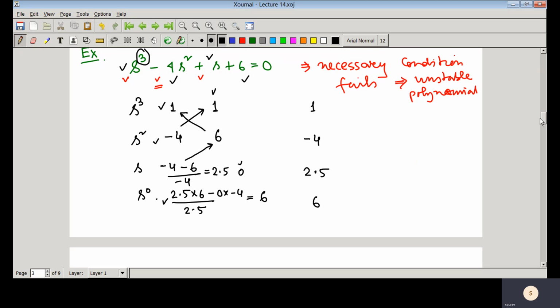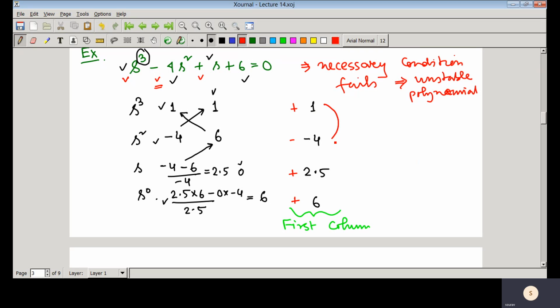So this is actually that first column. And here we can see that in the first column you have positive, negative, positive, again positive. So obviously there is a change of sign here. And how many changes of sign are there?